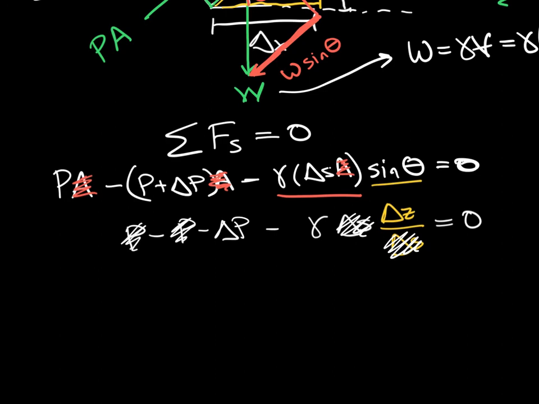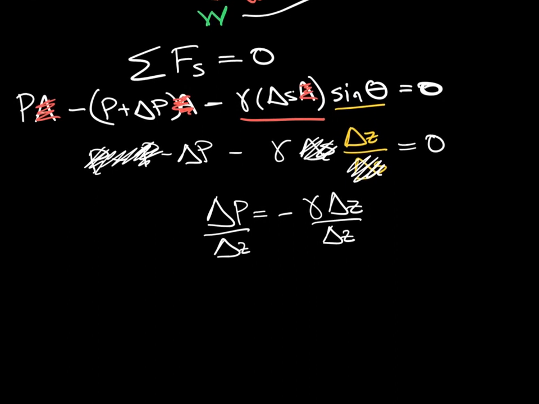Goodbye p minus p. Now we can bring delta p, or one of these, to the other side. Let's say delta p equals negative gamma delta z. This is looking really exciting. I love this. Now I'm going to divide both sides by delta z.